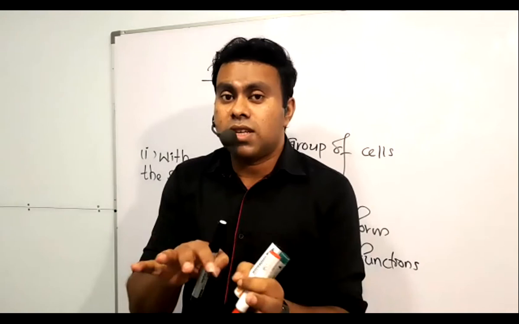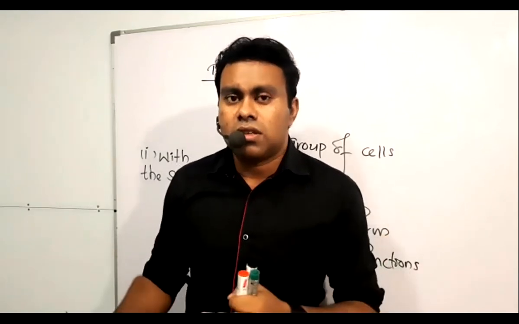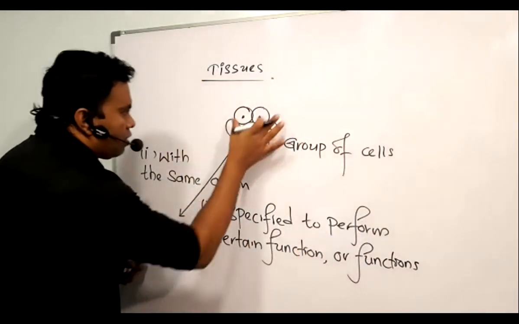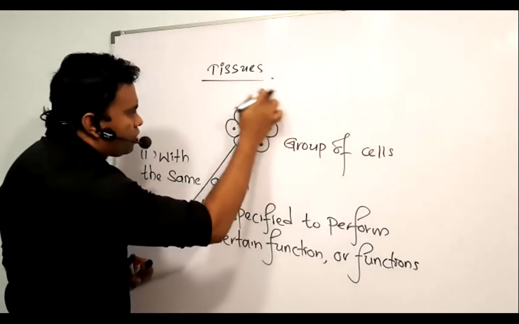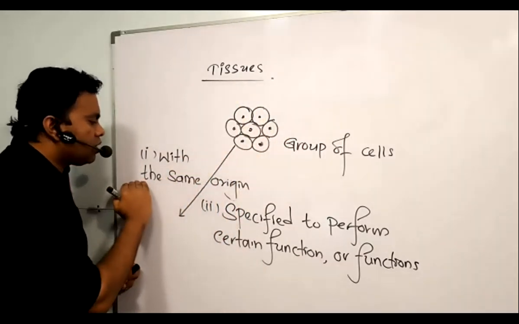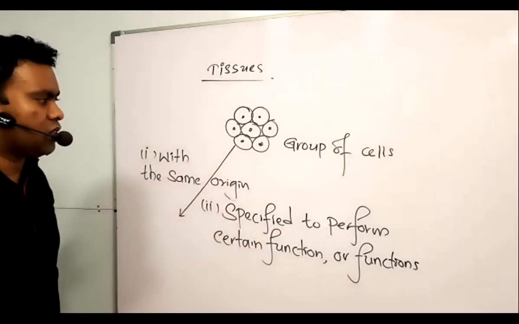It performs the defense or protection function in addition to transportation. Good. So the characteristic feature of a tissue is that it has the same origin and is specified to perform a certain function or functions.